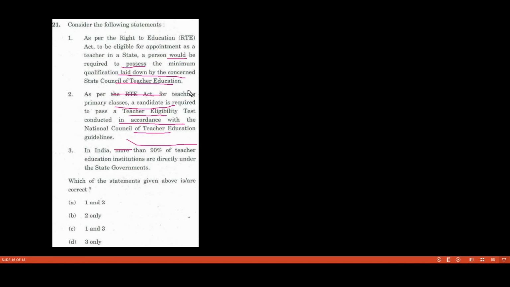All right. So for me, what my logic was to mark the answer in this question was that these two statements are mutually exclusive. All right. So once it is saying that qualification is laid down by State Council of Teacher Education, and then it is said that eligibility testing is according to National Council of Teacher Education guidelines.